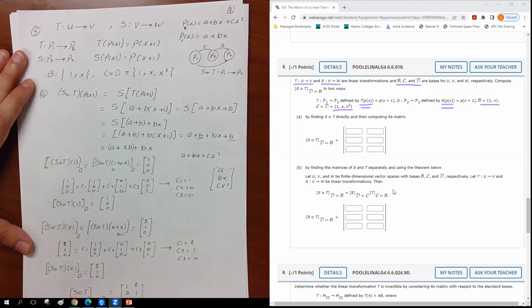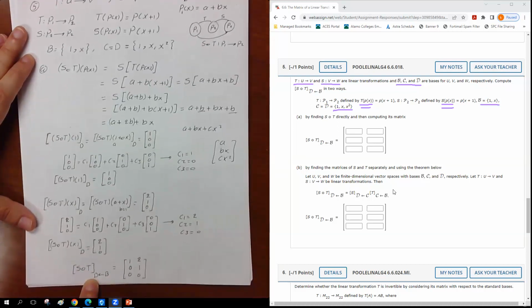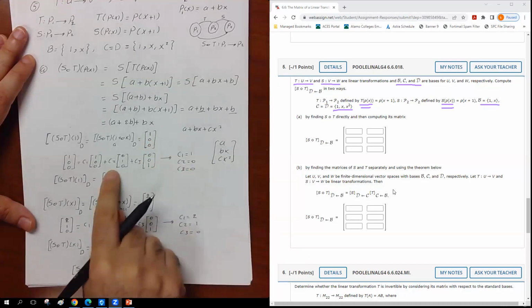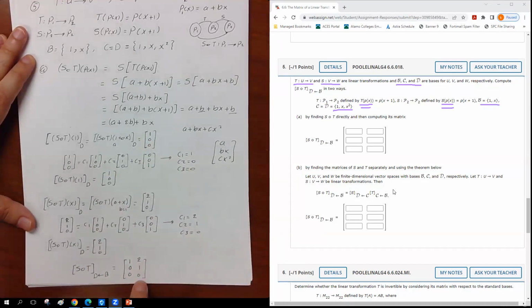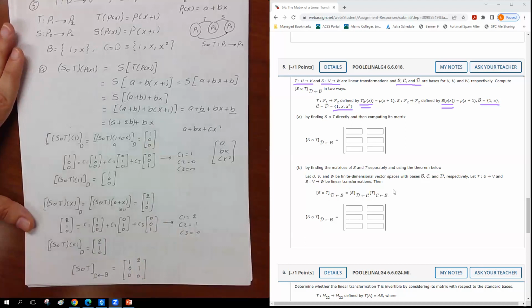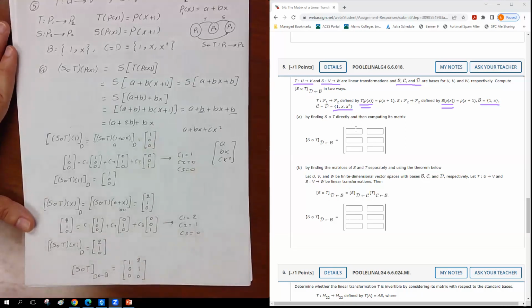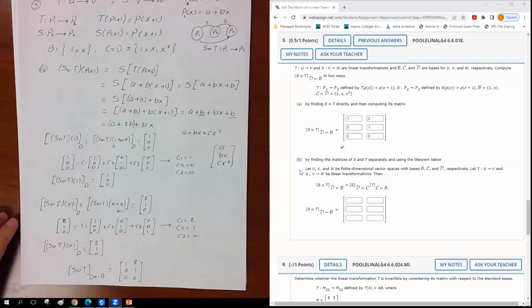The transformation S composite with the T from the base B to the base D is going to be 1, 0, 0, which is here, and 2, 1, 0. So here is the first part. You're going to type everything here. Let me check it before we move into the next part. So I got this part right. Let's go to the B.